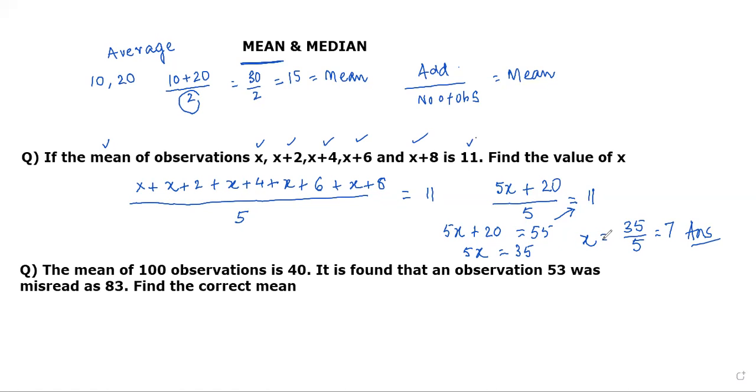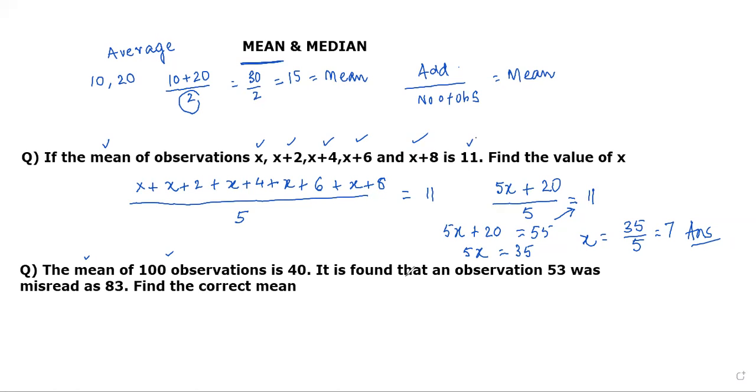Let's do one more. So this question says that the mean of 100 observations is 40. Again, the mean is given, right? How many observations are there? 100 observations. It is found that an observation 53 was misread as 83. Find the correct mean.